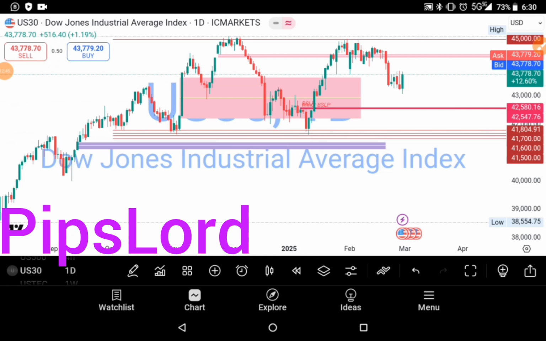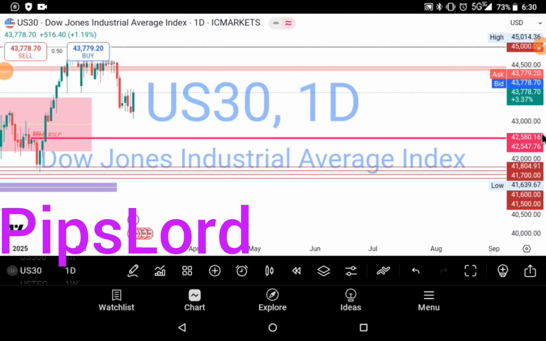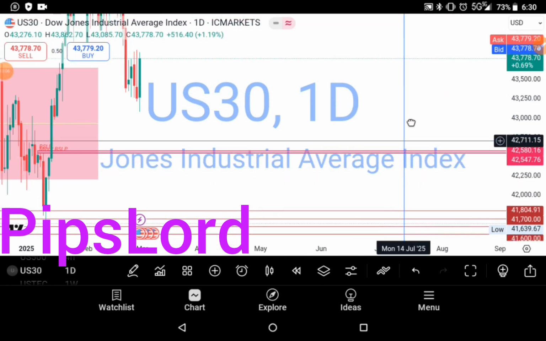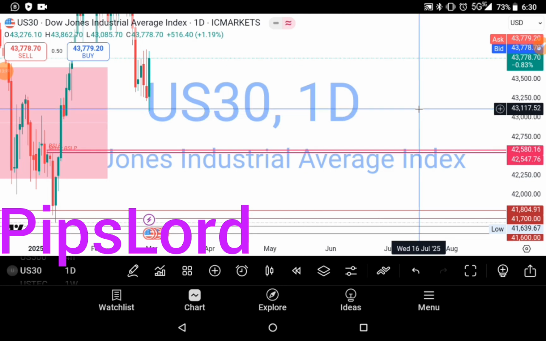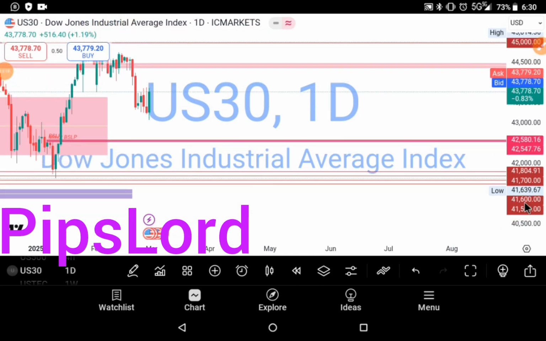So we go to the Dow futures. Last week, I was interested in 43,000 being a support to the price, but we've not seen the market price breaking 43,000. 43,000 still remains the support to the price.